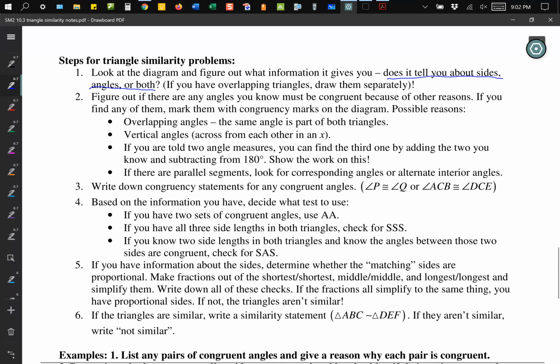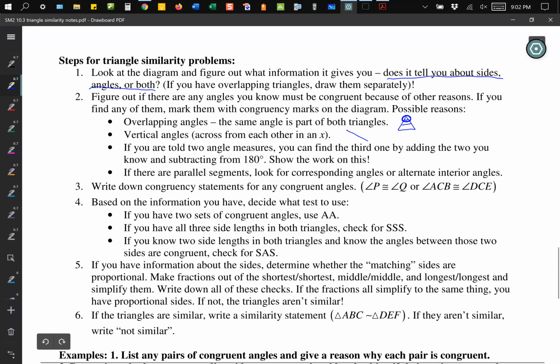The reasons you want to look for that tell you you've got congruent angles are overlapping angles. If you've got the same angle that's part of both triangles, that angle up there would be the same in both triangles.